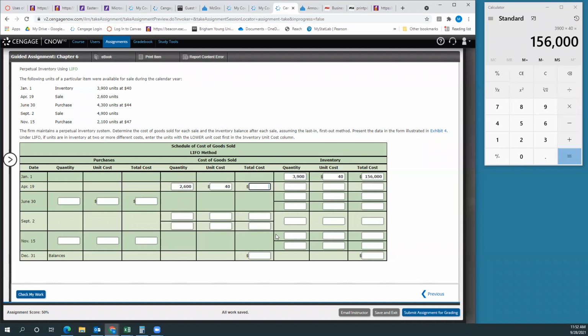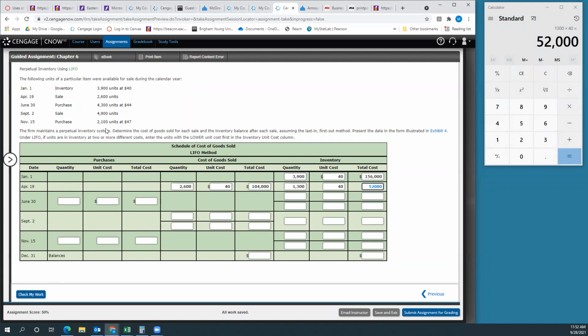So these are the $40 units. That's 104,000. Remaining in inventory, if we had 3,900 and we sold 2,600, we now have 1,300. Again, at a cost of 40. So 1,300 times 40, 52,000.